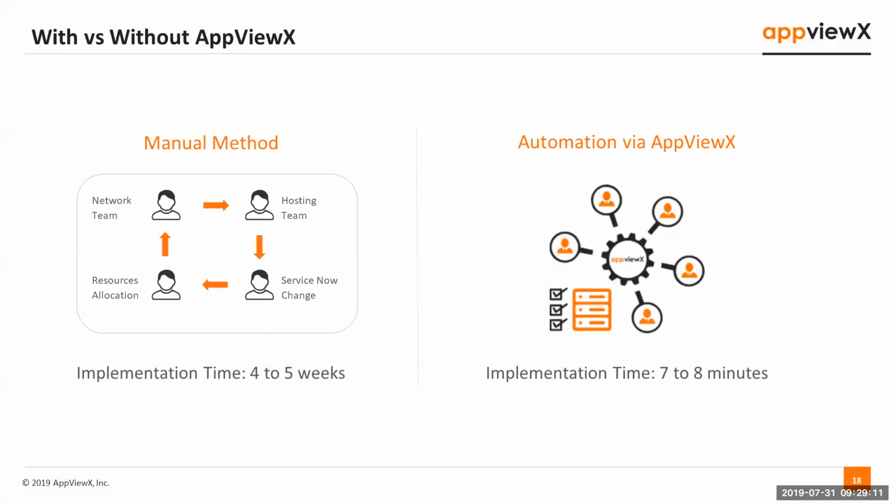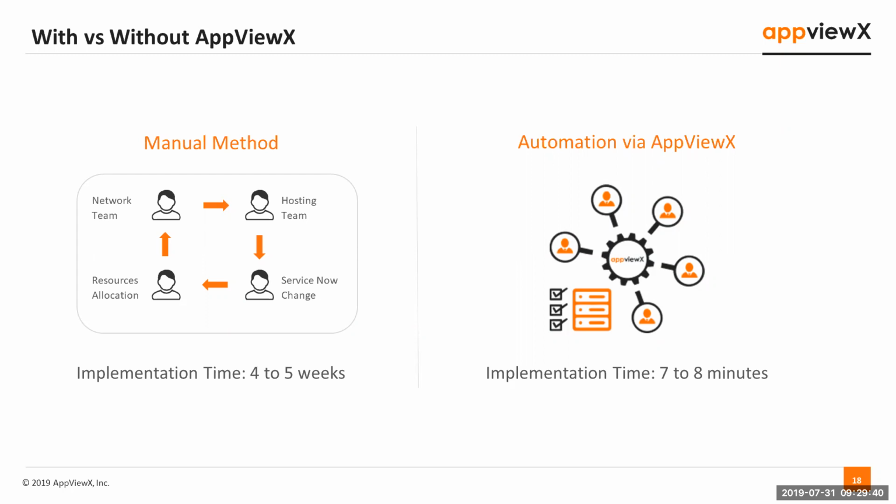So let's talk a little bit about with and without the AppViewX platform. What does that look like? Well, in manual methodologies, I think most can identify with the implementation time that it takes. You have network teams, you have hosting teams, you have governance or ITSM and ServiceNow and change management, you have the resource allocations.